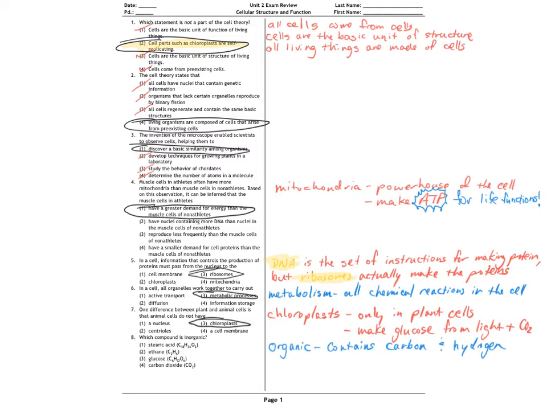Now for number 8, we need to consider when we're deciding which compound is organic. We have their formula here. We just need to know that organic compounds are substances that contain both carbon and hydrogen. Therefore, inorganic compounds are ones that do not, in fact, have both carbon and hydrogen. So since this question wants to know the compound that is inorganic, we have to find one that does not contain both carbon and hydrogen.